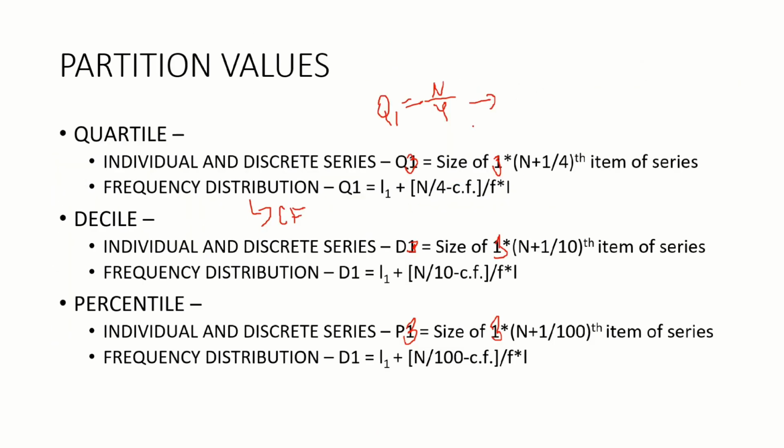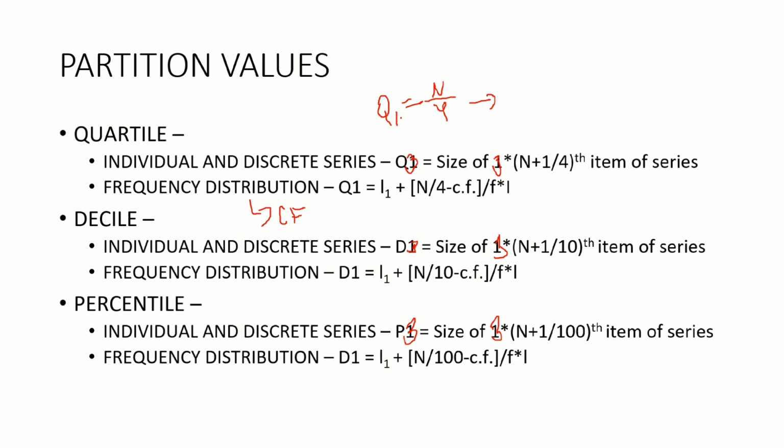The cumulative frequency equal to it, or if not present, then the greater one out of the 2 surrounding it has its class as the quartile class.